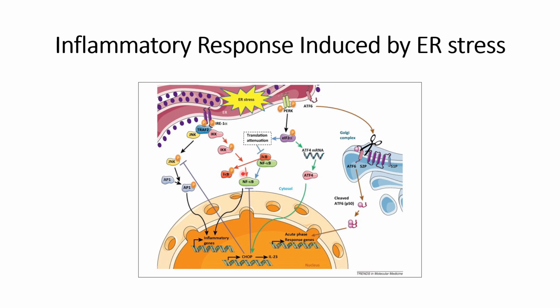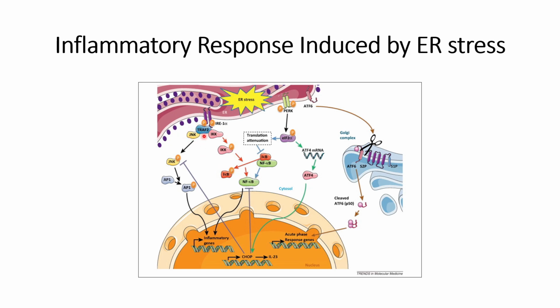IKK helps in reducing this IK beta, so that will lead to a greater number of nuclear factor kappa beta.